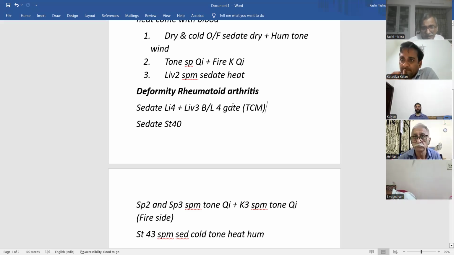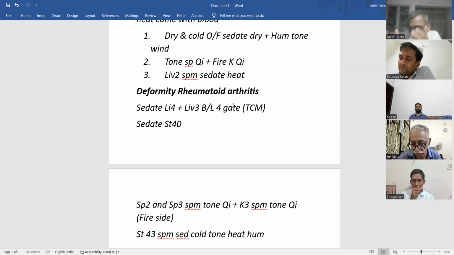TCM में इसको बोलते हैं. क्या करता है? This dilates. स्मॉल कैपिलरीज हैं ना, जॉइंट्स में there are small capillaries, it will dilate. Liver 3 sedation means opposite flow of liver chi यार. Sedation means opposite flow.